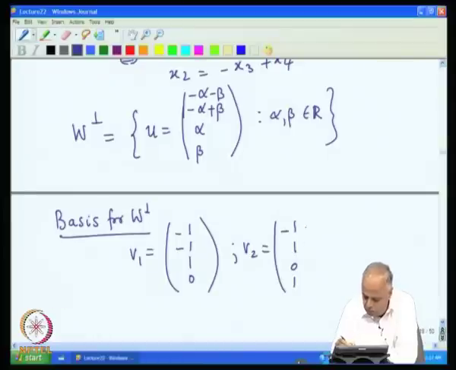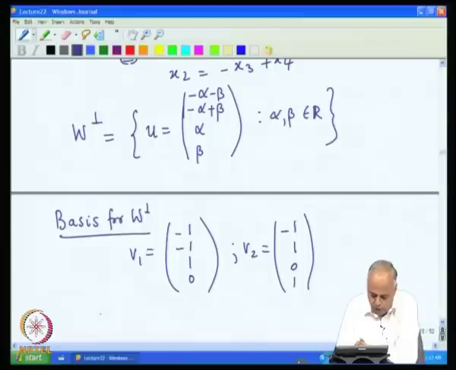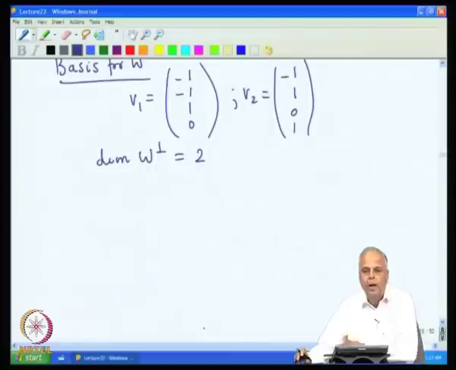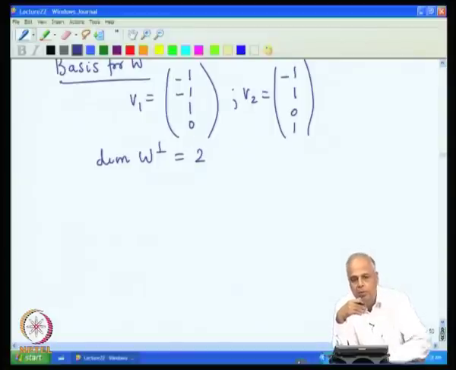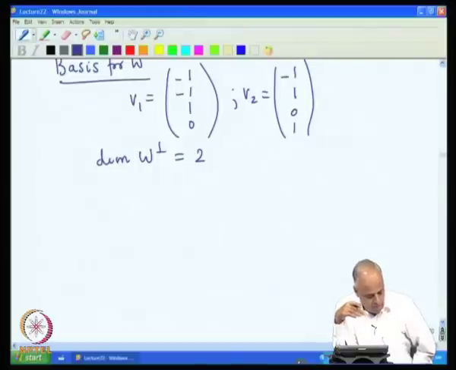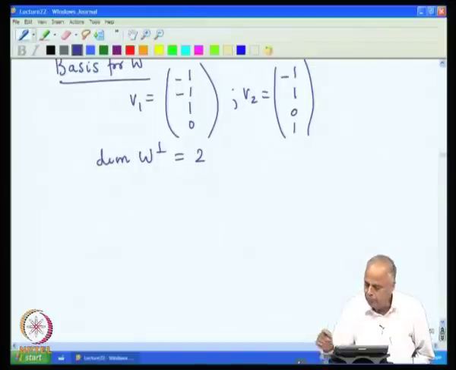So, this forms a basis for W perp. The dimension of W perp in this case is 2. So, we have this notion of the perp of any arbitrary set, and the perp of any arbitrary set is automatically a subspace of R k, and in particular the perp of a subspace is always a subspace.